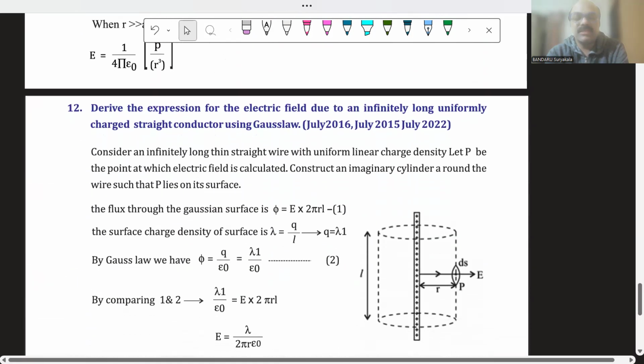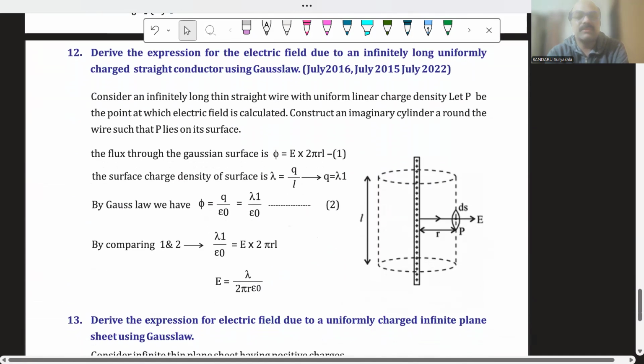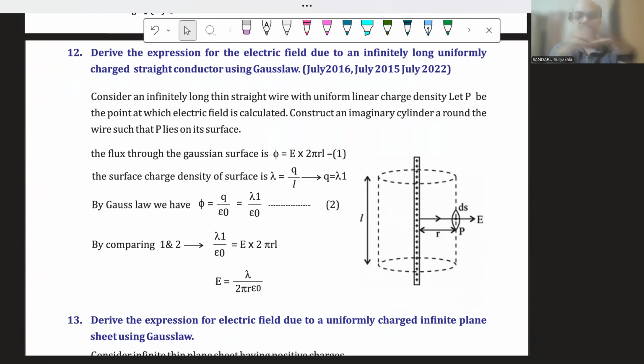This is another important 5 marks question: derive the expression for the electric field due to an infinitely long line charge using Gauss law. Draw the diagram and check the arrow marks. Focus on the diagram also, because in physics, whatever derivation you attempt in the examination, they focus not only on the derivation but also on the diagram, since equations come from the diagram.